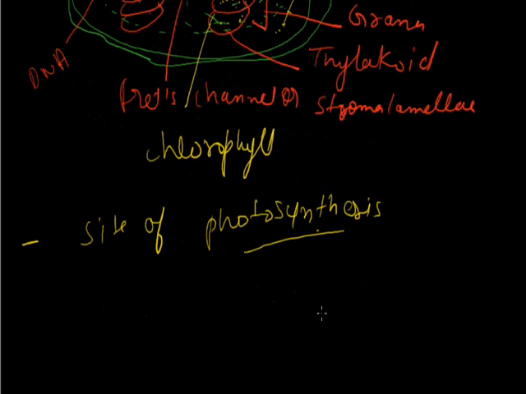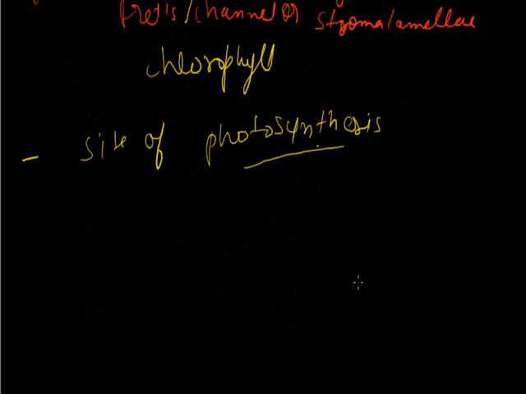Then we move to the next topic, the structure of chromoplast. Chromoplast provides color other than green. Leucoplast only helps in the process of food storage. We will not deal with this topic here, as we have already discussed it in nutrition in plants.